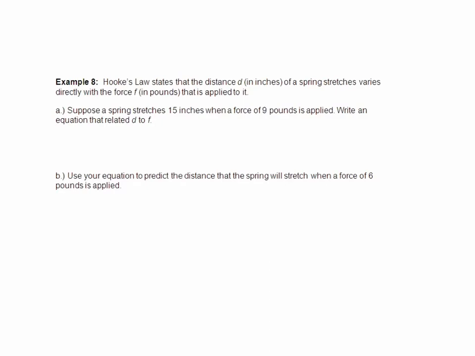So here in example 8, we have Hooke's law states that the distance d of a spring varies directly, there it is, kids, with the force that is applied to it. So that lets me know I'm not doing a y equals mx plus b, I'm doing a y equals a times x. And I always build my equation just by looking at the order in which the letters appear.